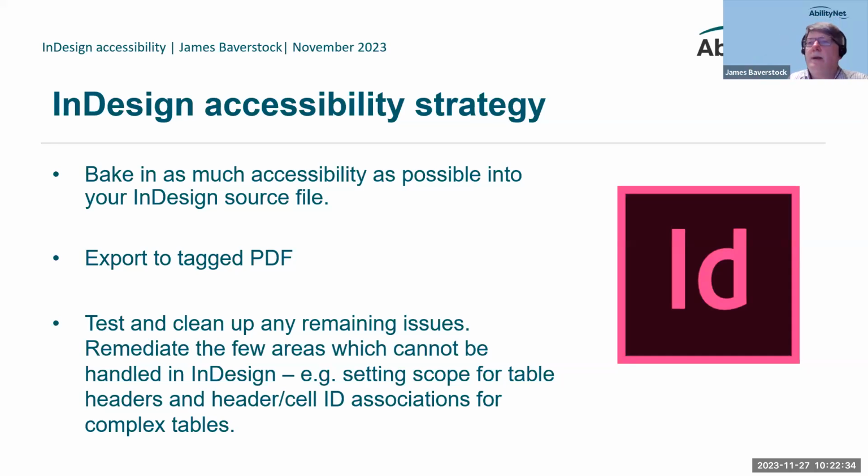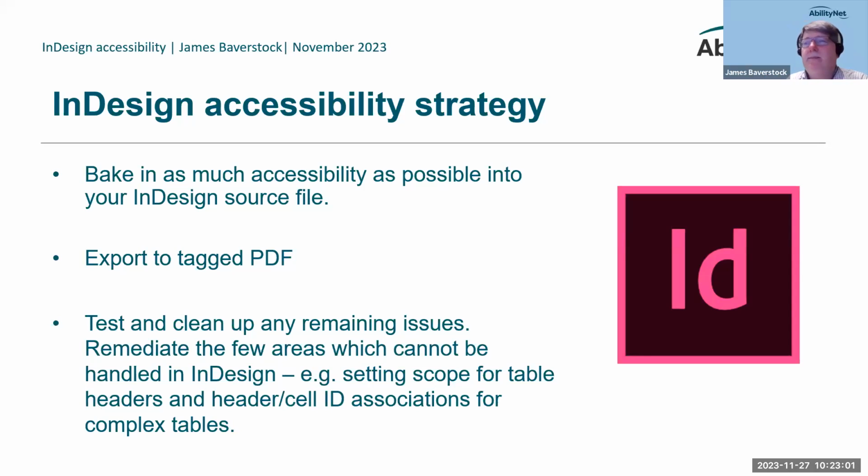And then you're probably going to need to test your PDF. You might need to clean up some remaining issues. There are a few areas where you can't remediate with InDesign. One of the main ones is if you have complex tables, you can't set the scope for table headers or set header cell ID associations for complex tables in InDesign. You need to do those in the table editor in Acrobat.